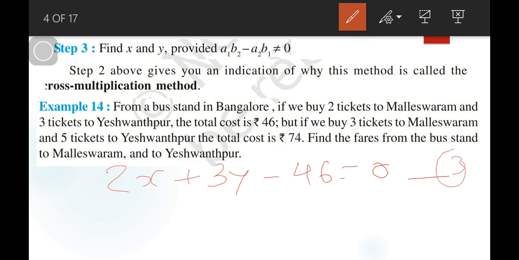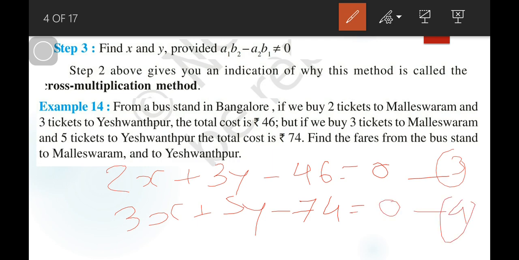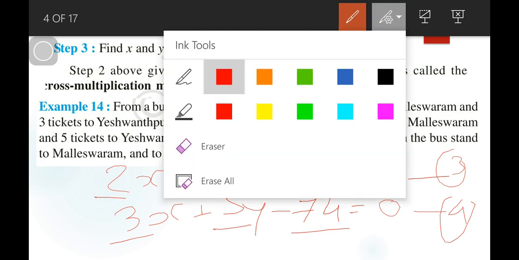Then 3x plus 5y minus 74 is equal to 0. Equation number 4. So it is a1, b1 and c1, a2, b2 and c2, that we can find from the equations. Now using the cross multiplication method for these two equations, we can find here.